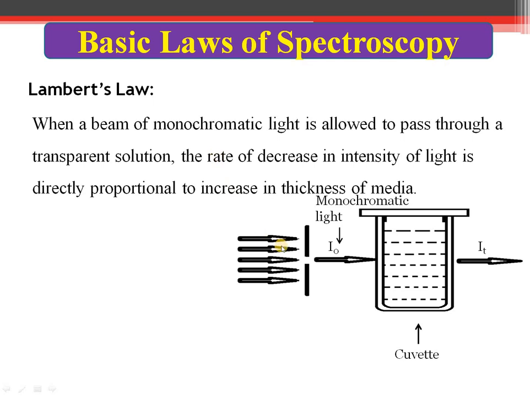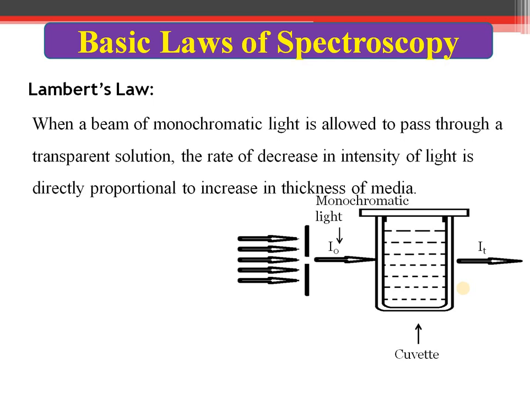Again, when a beam of monochromatic light is allowed to pass through a transparent solution, the rate of decrease in the intensity of light is directly proportional to the path length or thickness of the media. Simply, when the path length increases, the intensity of the transmitted light decreases.